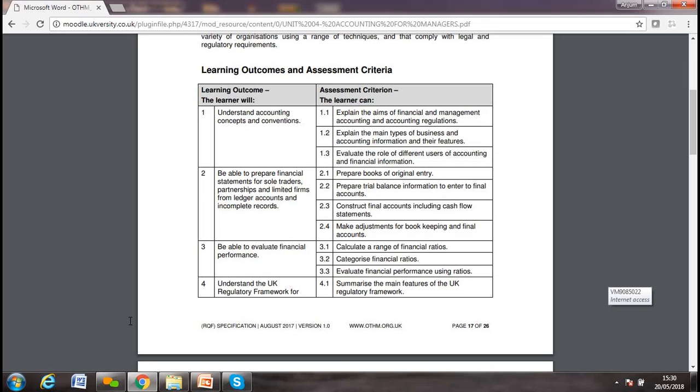If you explain it, it means we are addressing it. Explain the main types of businesses: sole trader, partnership, limited company. Those are the main types of businesses.